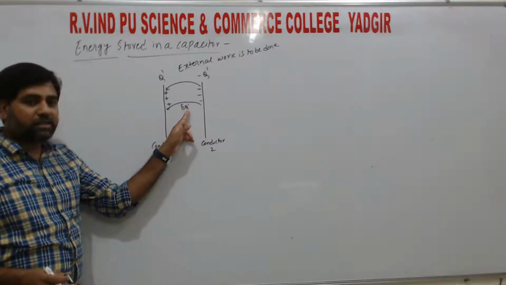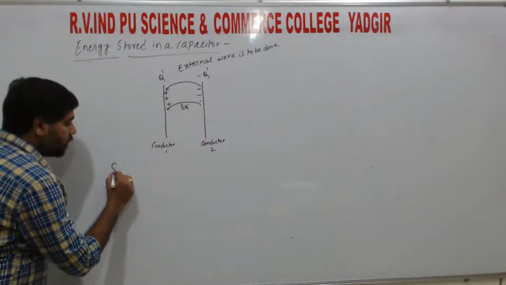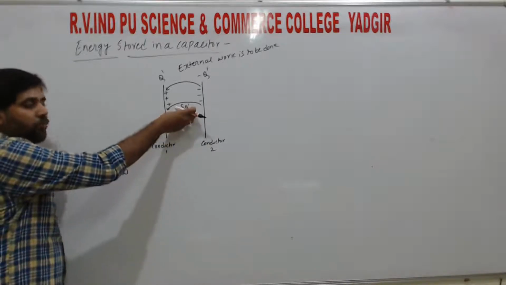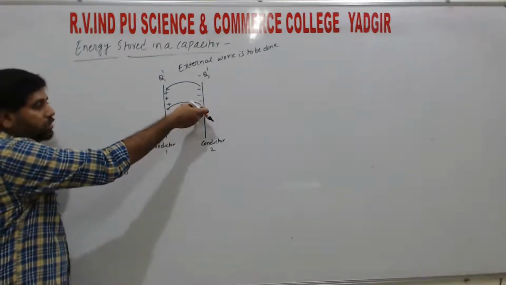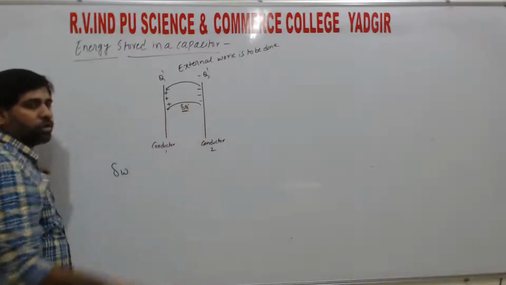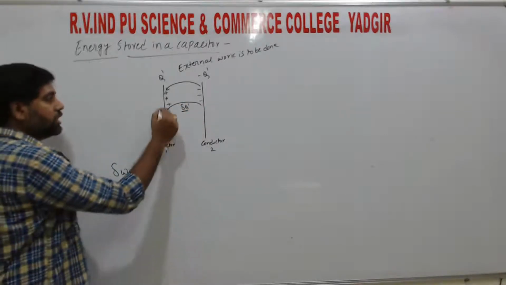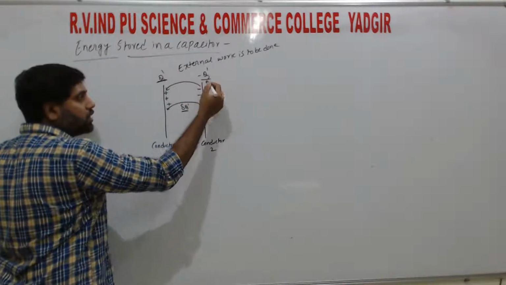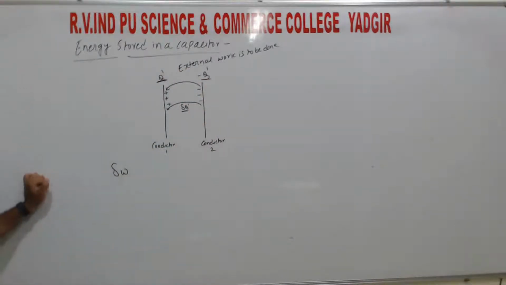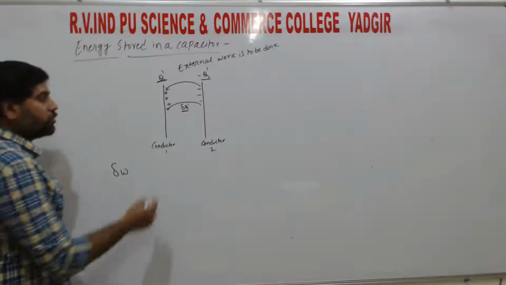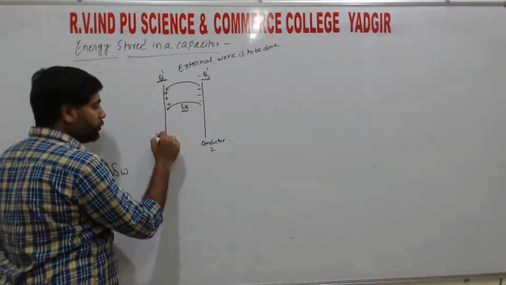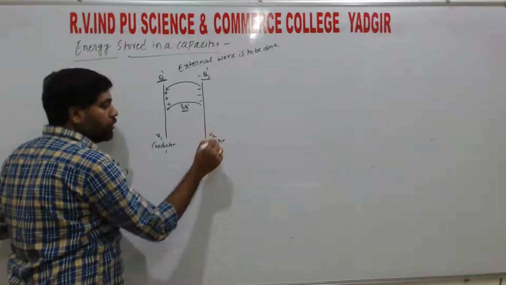Here the work is done, and that small work we call delta W. The charge on conductor 1 is q dash, and the charge on the second conductor is minus q dash, right? Now the potential on conductor 1 is V1 and conductor 2 is V2.